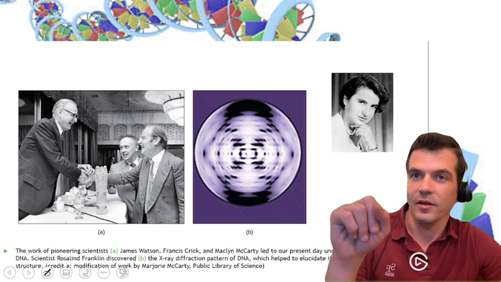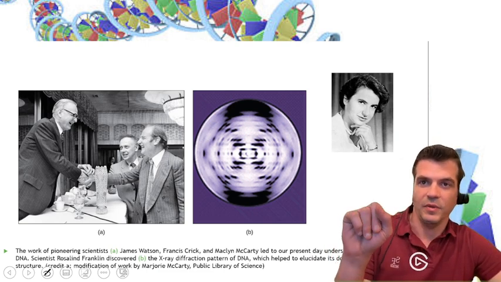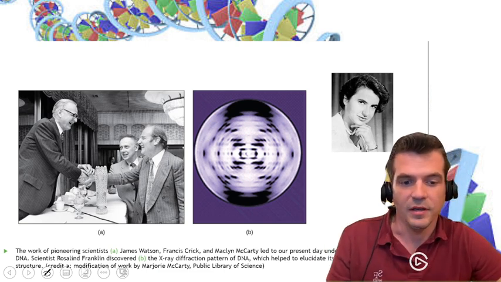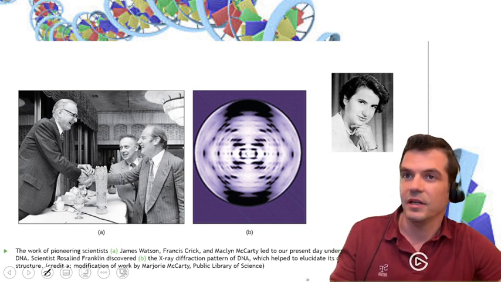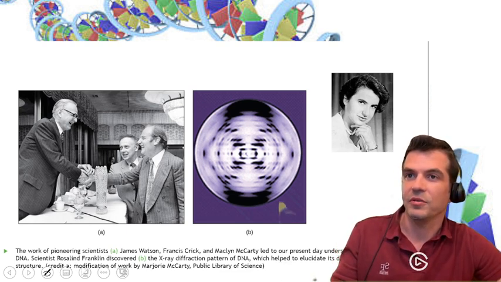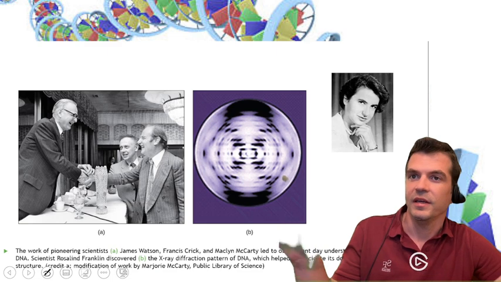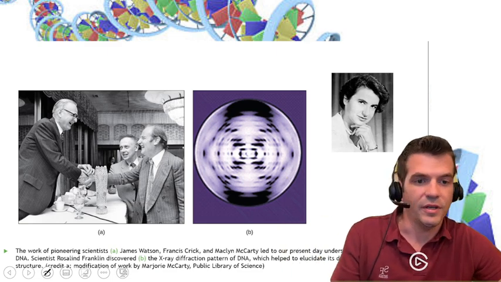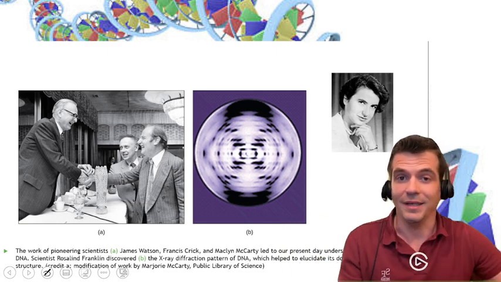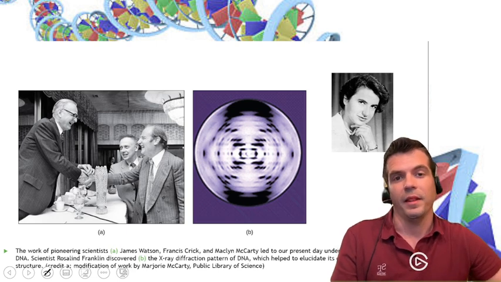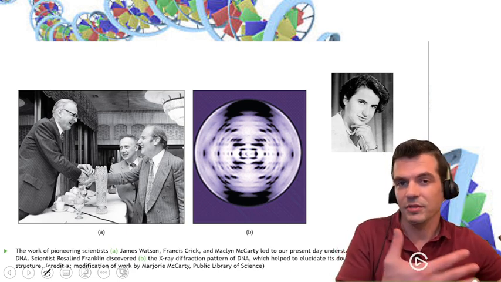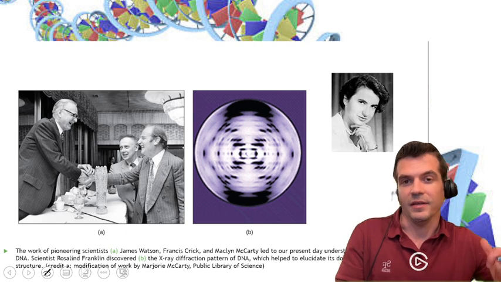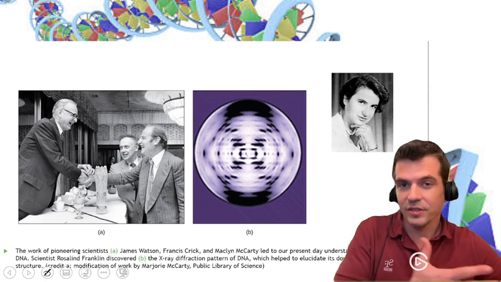But we can't say that without mentioning that they had the help of Rosalind Franklin's X-ray diffraction pattern of DNA. Okay, and Watson and Crick were lucky enough to see it before she published it, and then they were able to use it.